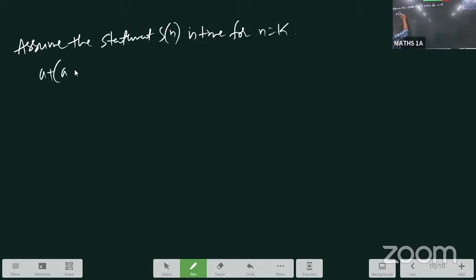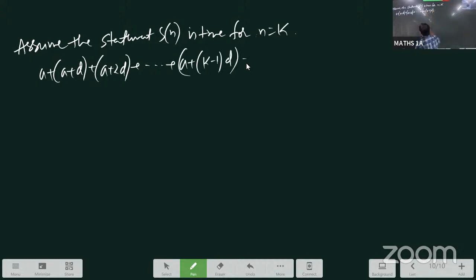So a plus d, a plus 2d, and so on, plus what was your nth term? a plus (n minus 1) into d means a plus (k minus 1) into d. This is your nth term. That is equal to k by 2 into (2a plus (k minus 1) into d). This I will call equation 1.